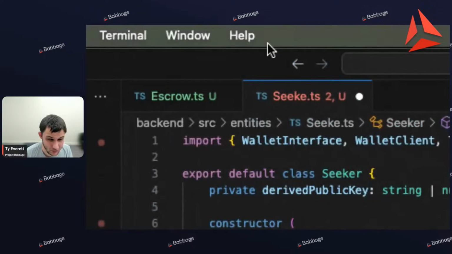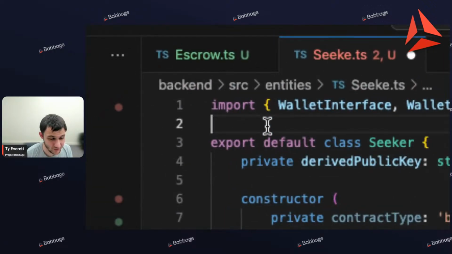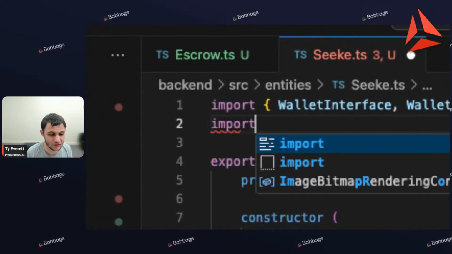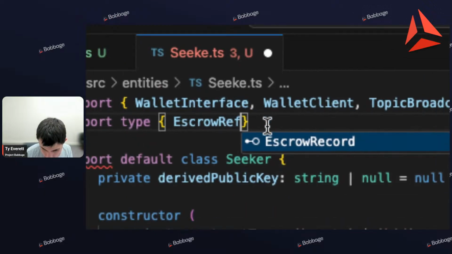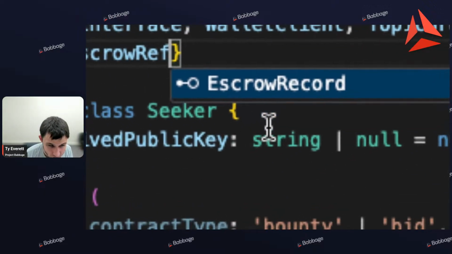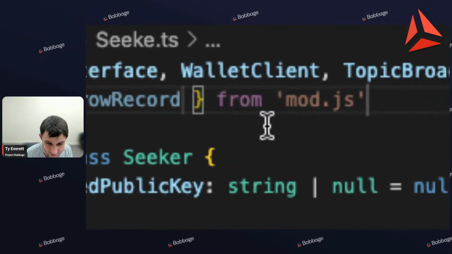I should be able to import escrow reference from record.